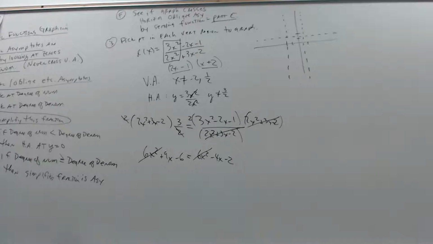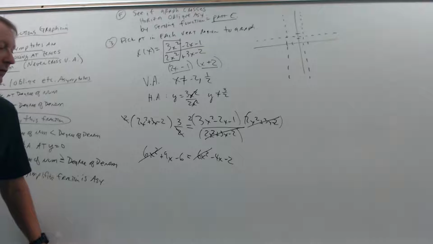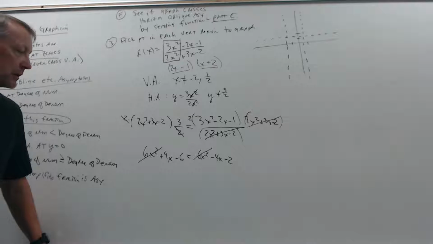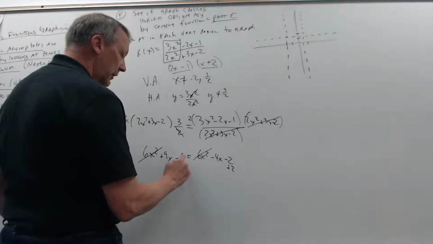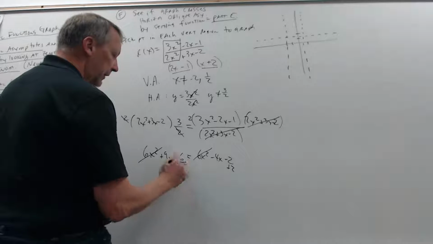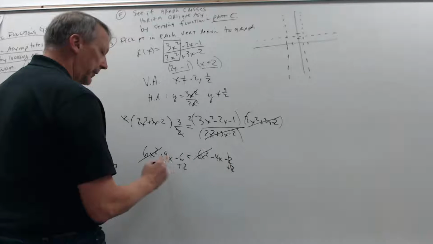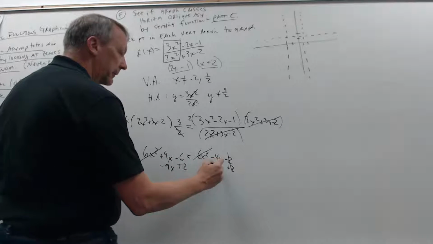Now what? Add the 2 to both sides. Take away that 2. We add the 2, that goes away. I'm going to subtract 9x while I'm at it, right?